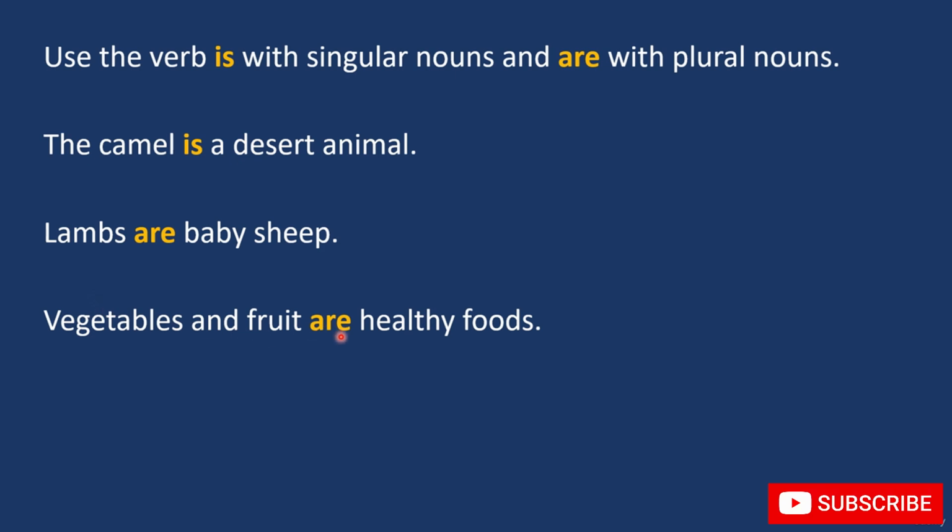Vegetables and fruit are healthy foods, because here I have two words and one of them is plural. Kenneth is a lawyer. This is the name of a person, and this person is a lawyer. This is singular.